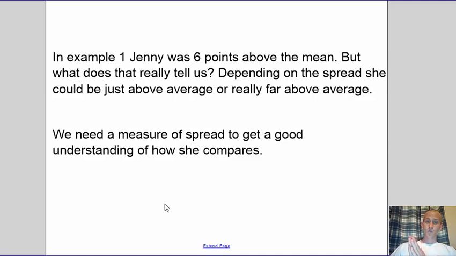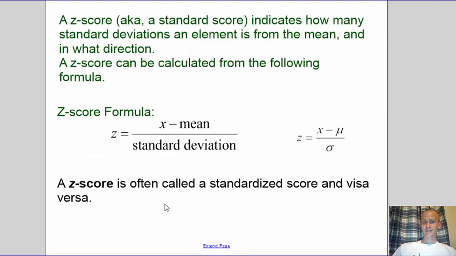This is a really powerful idea. We're going to start to develop it in this section, but we can take any distribution and figure out how that compares within its own range, within its own context, by comparing it to the mean and then using standard deviation as well. So we need to measure the spread and where the center is.